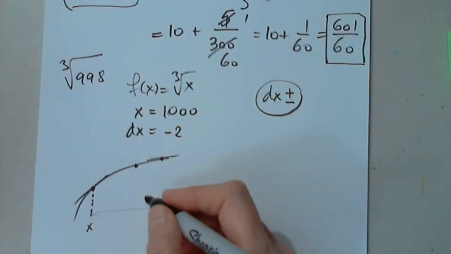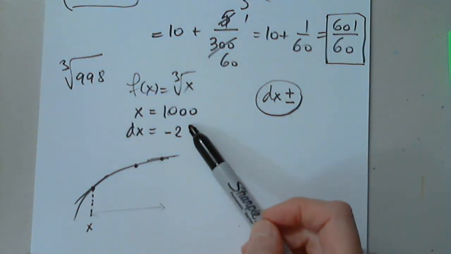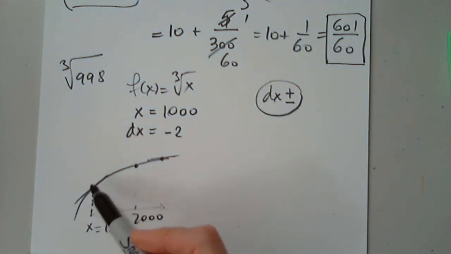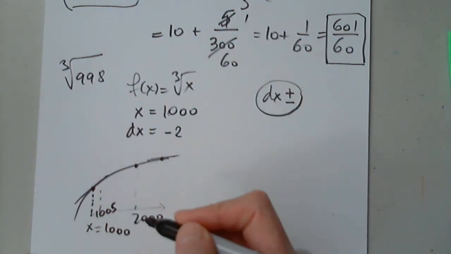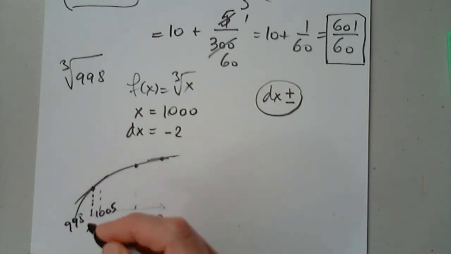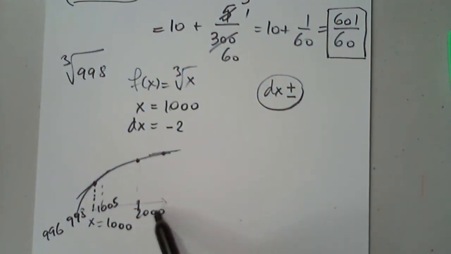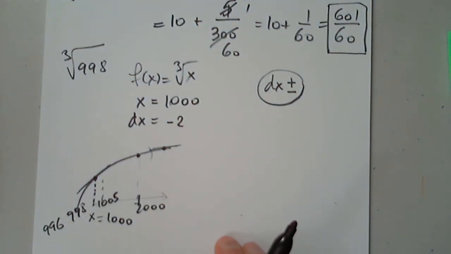I can still approximate, but all this idea is with something close. So if I have this as 1,000 and I have here 2,000, I cannot approximate. I'm not happy. The error is too big. So I can approximate what happens near 1,000 if I'm looking at 1,005, at 998, even 996. But if I want to be at 2,000, it's a different story. I can't. So for 2,000, I have to use something else that is close to 2,000. Does that answer your question?